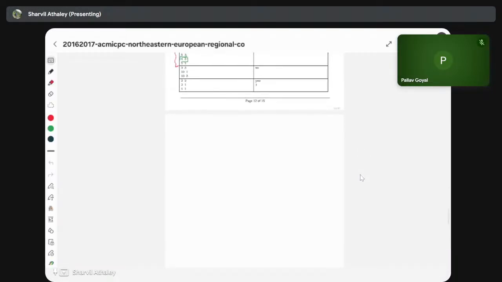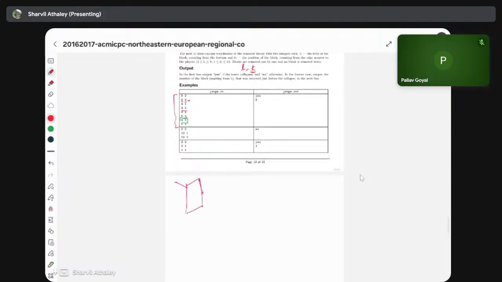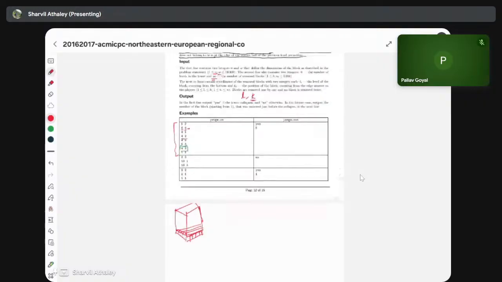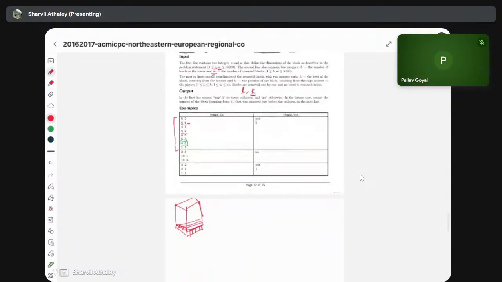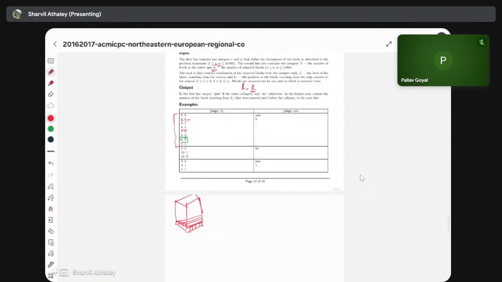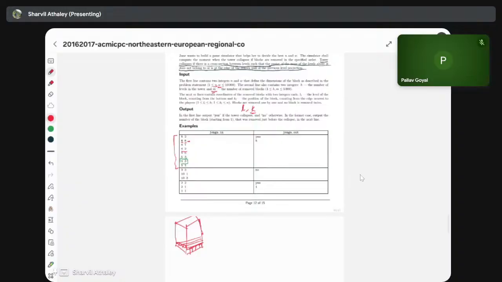So you're given a Jenga, right? It says that the tower topples when there's a cross section between levels.